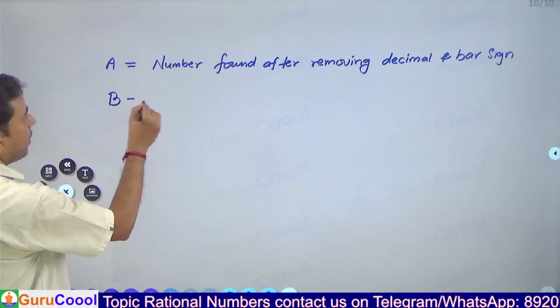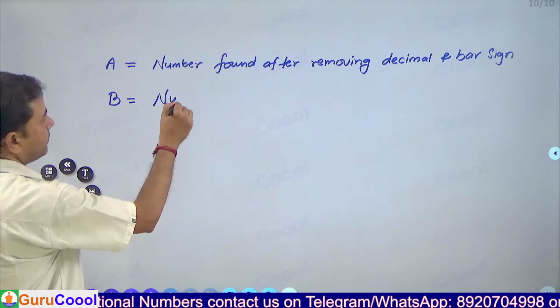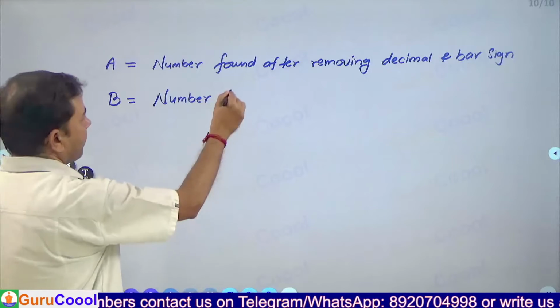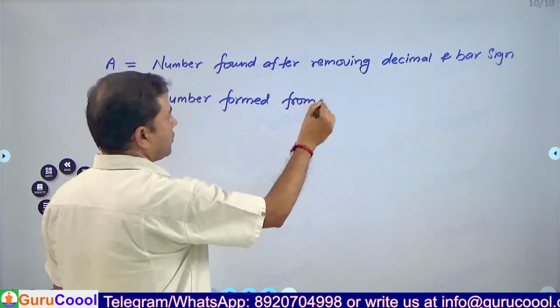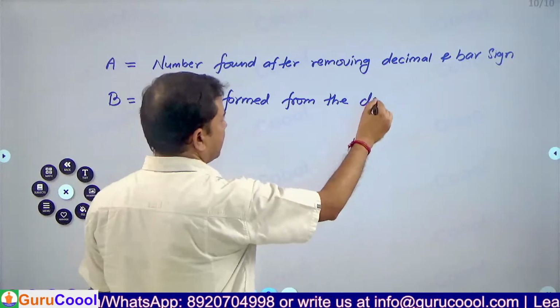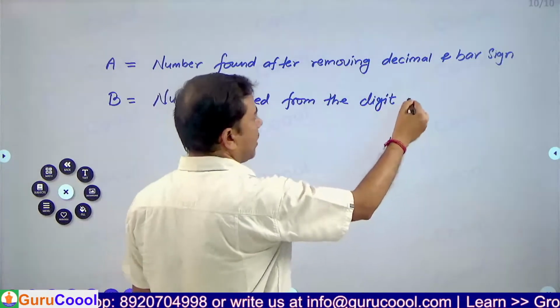B is equal to the number formed from the digits without bar sign.